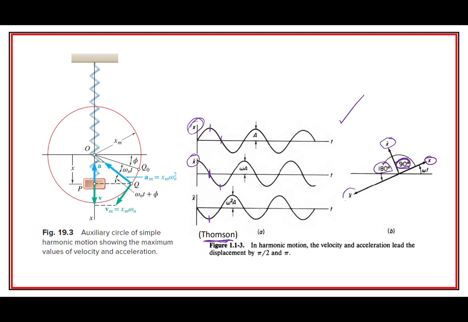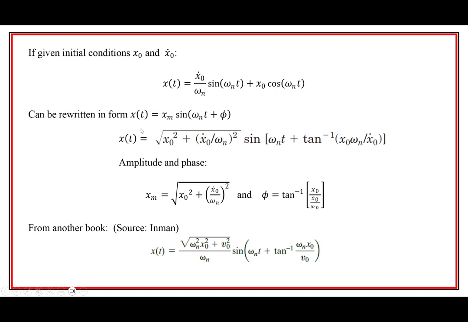So we could just say acceleration is ahead by 180 degrees, while velocity is ahead by 90 degrees from the position. Yeah, okay, because this is 90 degrees and this is 180 degrees, and this is 270, and that's 360 degrees for measuring there.